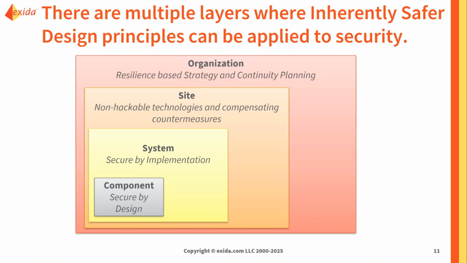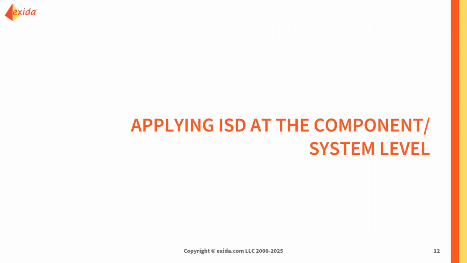And then lastly, we'll take a step back and think about how the concepts of inherent safety can even be applied at the organization level by thinking about what steps an organization can take to be more resilient to cybersecurity events and limit the overall negative impact on the organization if they were to experience an event. And so to start, we'll apply these techniques at the component and system level, and then we'll build from there to the higher levels.